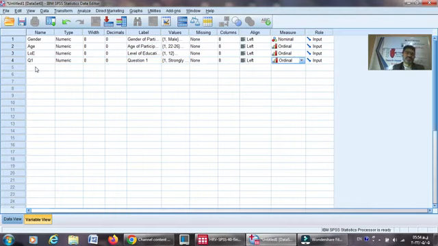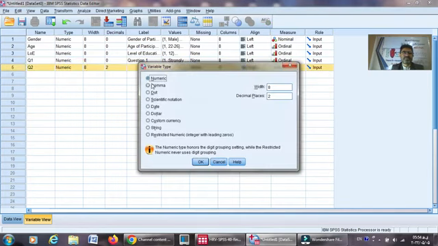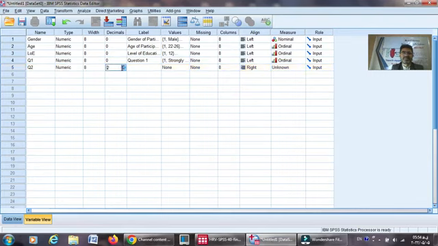We can put all questions like this, like question 2, again numeric, okay, no need to have decimals, and we can write here question 2.